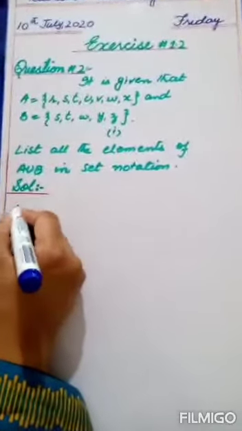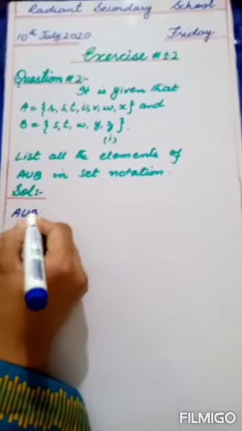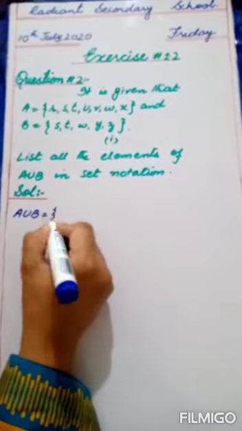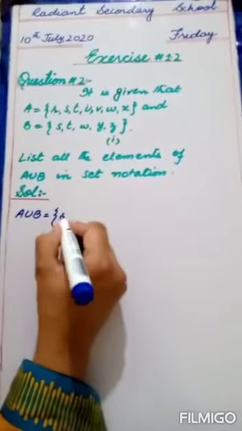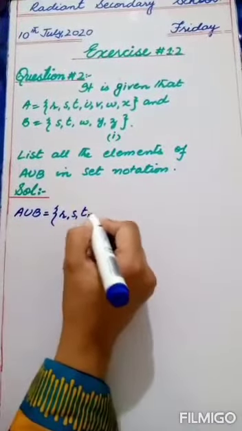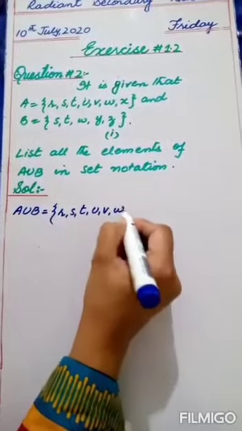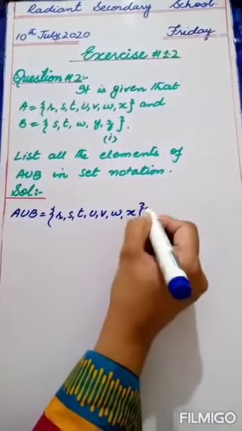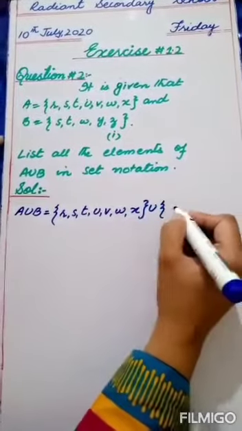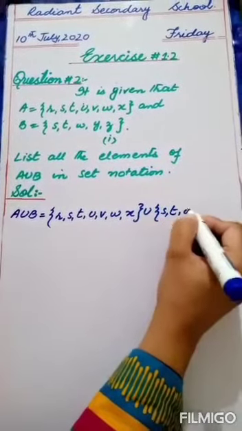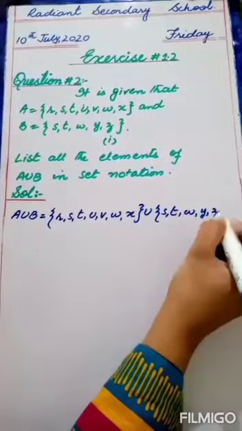So first of all we write A union B is equal to, elements of set A are R, S, T, U, V, W and X, union elements of B, S, T, W, Y and Z.